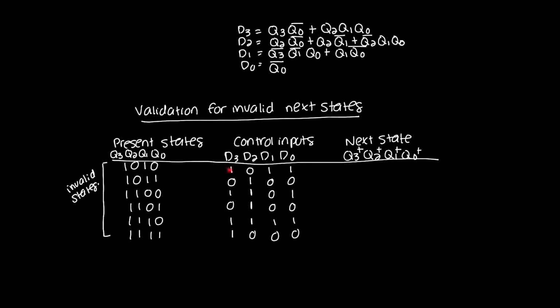Whatever D is, that's what Q is going to be. So here, I'm just going to write for the first row, the next state is going to be 1, 0, 1, 1, 0, 1, 0, 0. I'm writing this out for the sake of thoroughness, but you can see that for a D flip-flop, this becomes pretty easy.